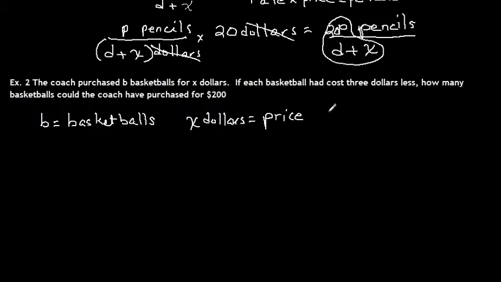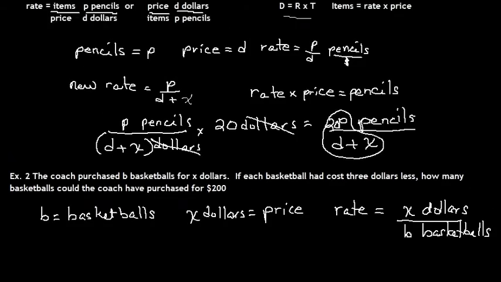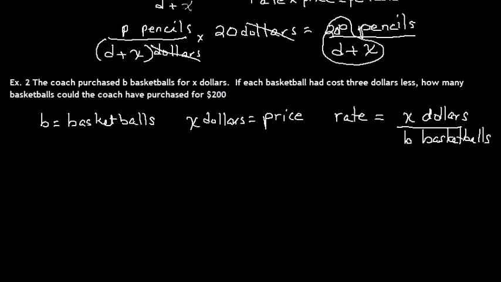Our rate is dollars over basketball, so I have rate is equal to X dollars over B basketballs. I just always start with the dollars over the items. I think that just works if you can stay consistent. Of course that one isn't, that's the other way around. Okay, whatever. You can do it either way. But this time I did dollars over basketballs.